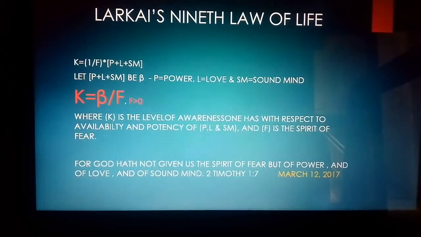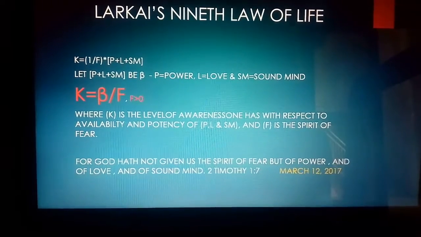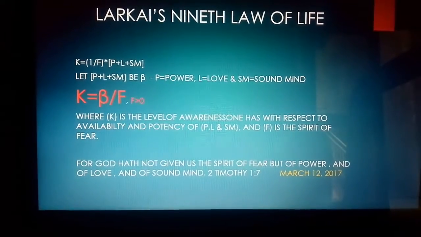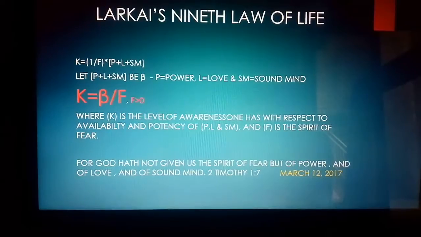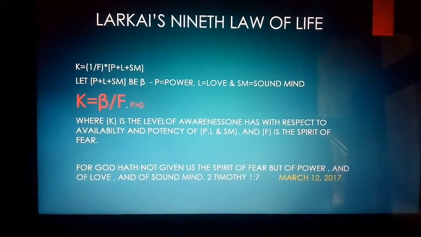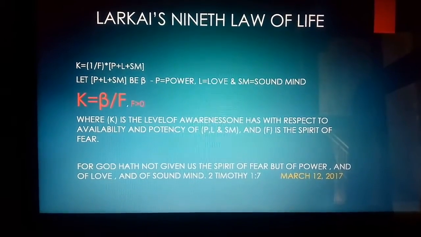So basically, God has given you the spirit of power and of love and of sound mind. Now, if you input all these things and you neglect fear, there's no way you fail. And that is what the equation above is trying to express.